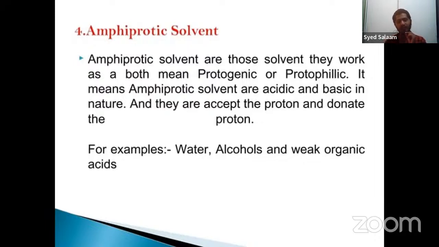That is there in water itself, but we are concerned with non-aqueous solvents. So we will consider alcohol and weak organic solvents as our non-aqueous amphiprotic solvents. They have both acidic and basic nature, and based on what is required, they will show their effects. Such solvents are called amphiprotic solvents.